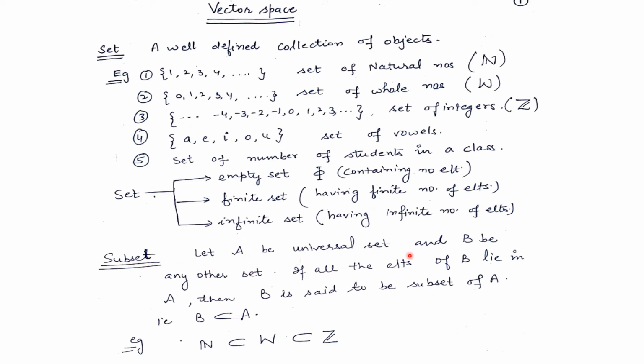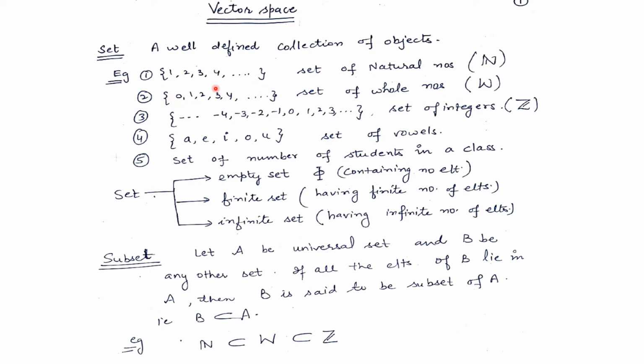The next is, what do you mean by a subset? Let A be any universal set and B be any other set. If all the elements of B lie in the set A, then B is said to be a subset of A. We write this as B subset of A. For example, set of natural numbers is a subset of set of whole numbers, because all the elements of natural numbers lie in this set.